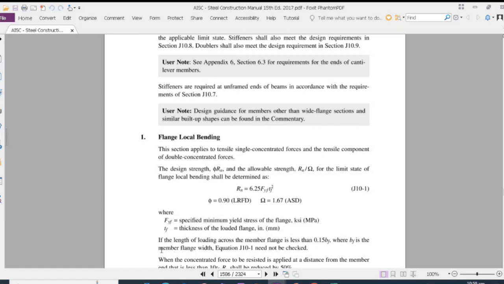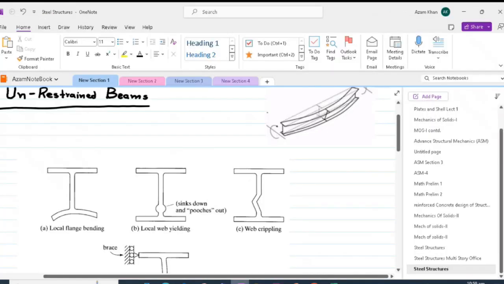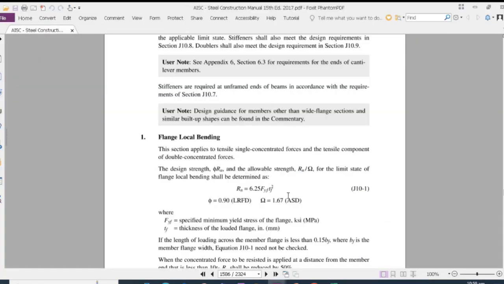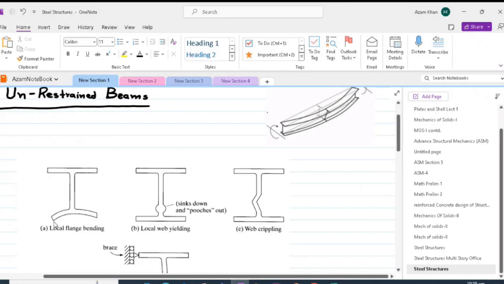According to this specification, if the length of the loading across the member flange is less than 0.15 times the width of the flange, then equation J10-1 need not be checked. Please note that the expression J10-1 ensures that the flange doesn't bend in the weld line with the web.